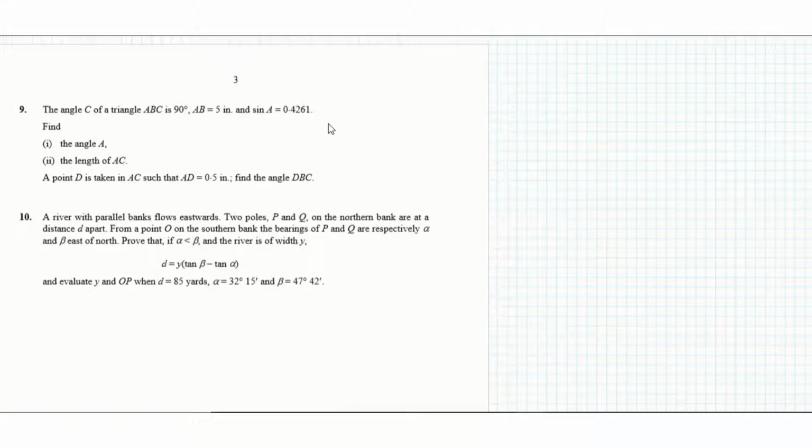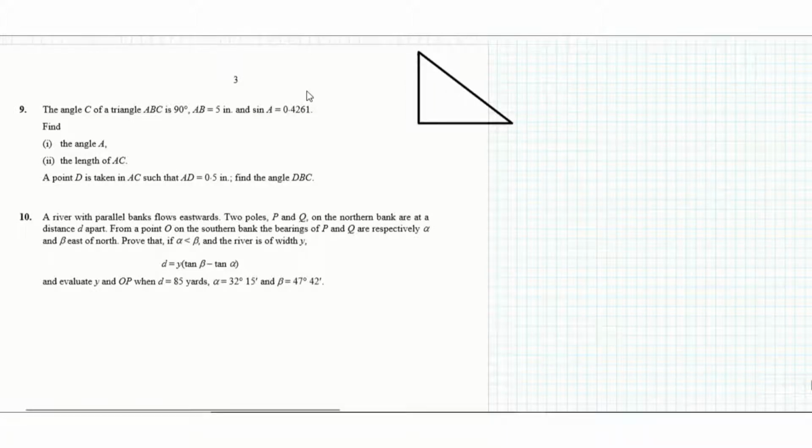The first one: the angle C of triangle ABC is 90 degrees, so we've got a right angle triangle here. AB is 5 inches. So first things first, we draw the triangle. Alright, nice.